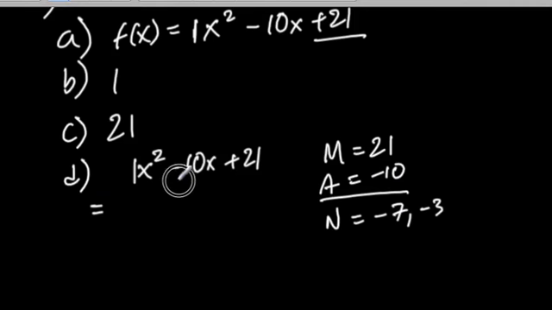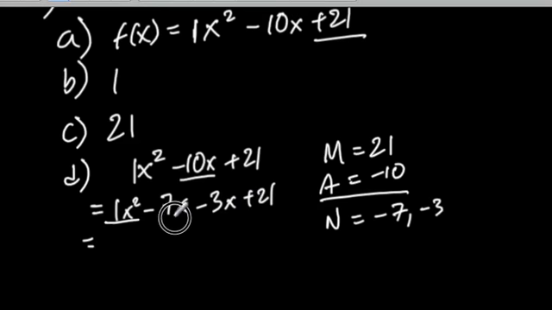So what happens is that this middle term will split. So we get 1x squared, and it'll split into these two numbers right here. So it's minus 7x minus 3x plus 21. Then we group the first two, and we group the last two. If we group the first two, the common term is x, and we have x minus 7.